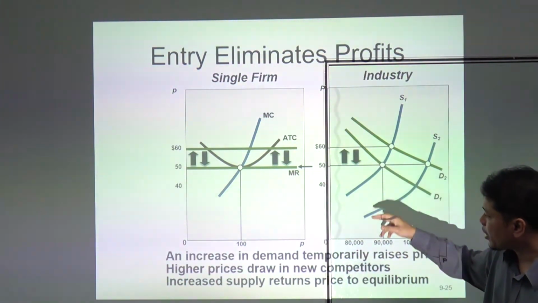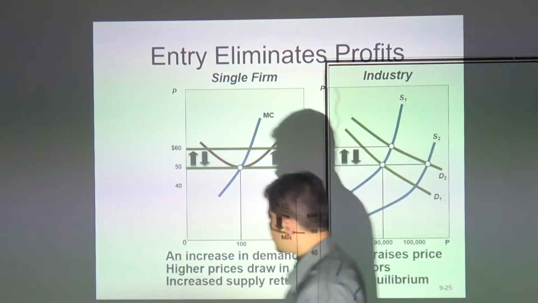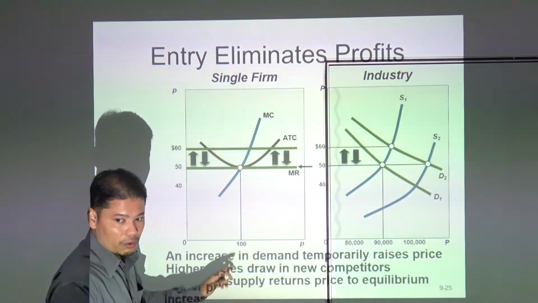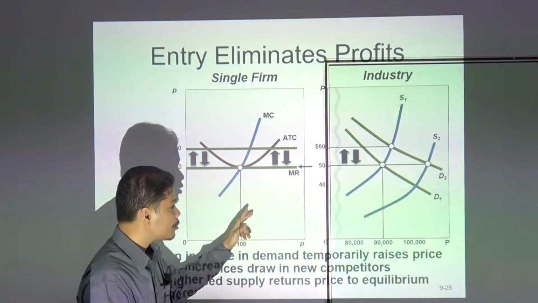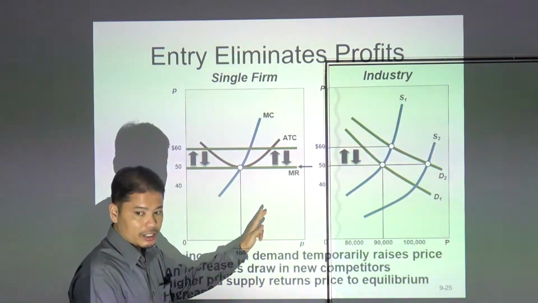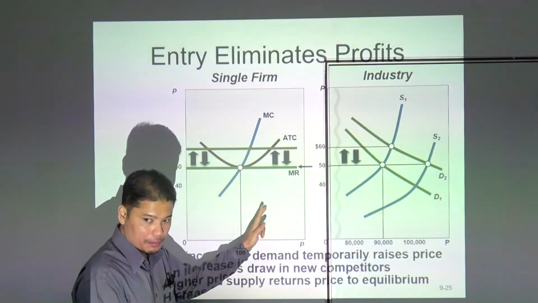When the price returns to the original $50, all the firms, the old ones as well as the new entrants, go back to the original break-even or normal profit level. All firms will just break even.